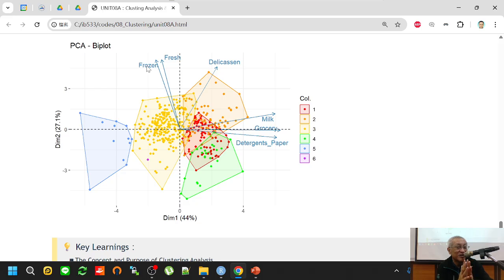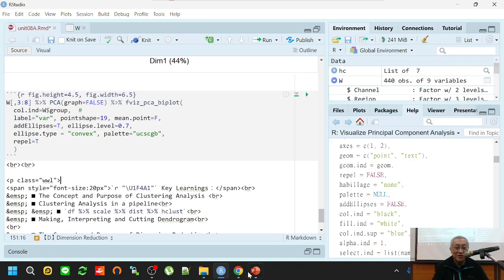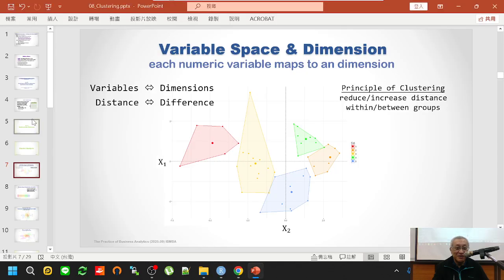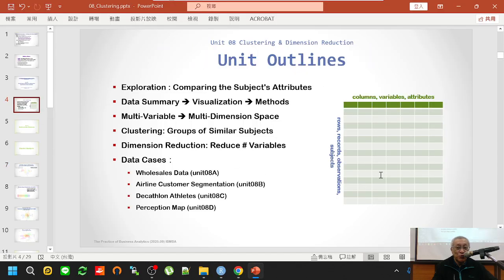by combining dimension reduction and also the clustering skill, we actually can visualize a large data frame with a lot of rows, right?